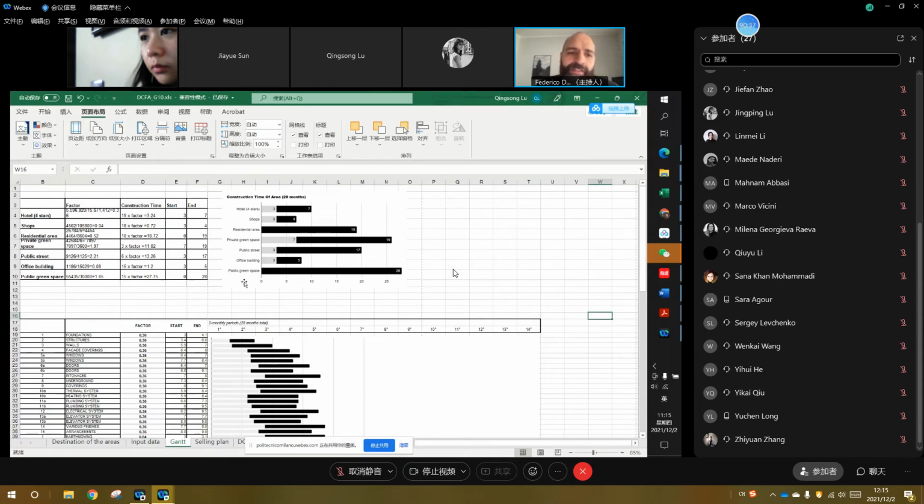But it is very strange to see that three activities start at the same time, like hotel, shops, and office building. To make this distribution of cost more real, you can start these destinations at different times.